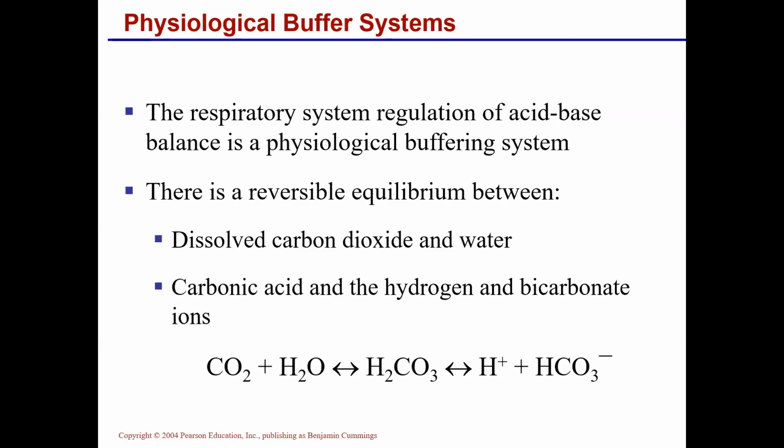What you are doing is trying to blow out more CO2 to reduce the concentration of hydrogen ions. That's how the respiratory system works in regulating blood pH by adjusting the breathing pattern.